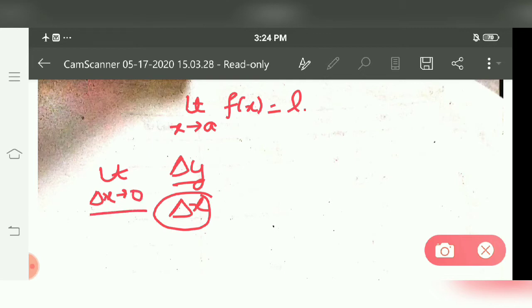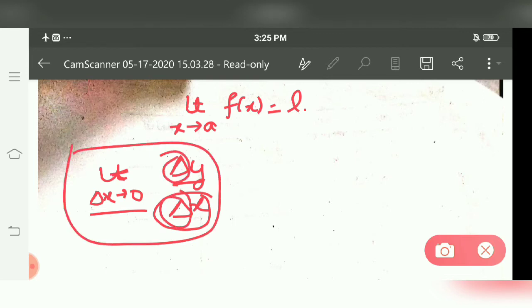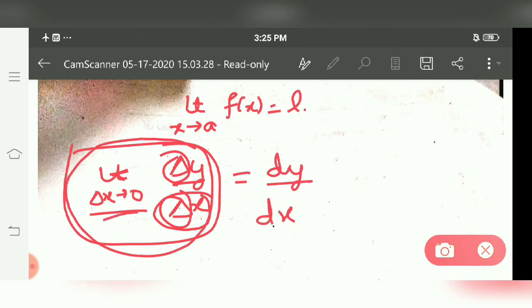In that case, with the limit, delta y by delta x, this complete symbol changes to dy by dx. Why so? Because if the change in x is quite small, the change in y is also very, very small, and it is converted into this symbol d. So the derivative is actually a result of a function with a very, very small value of limit.